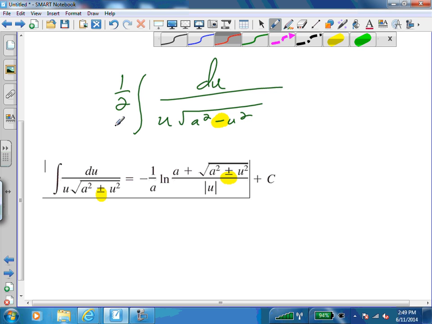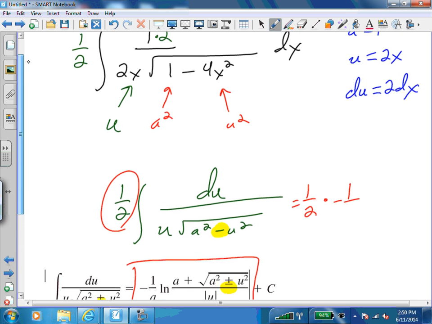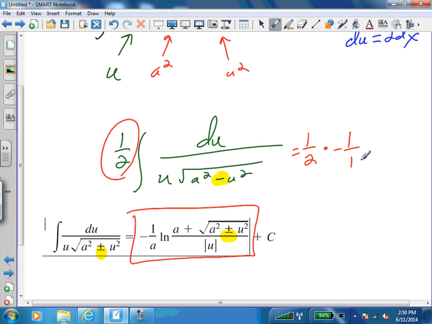So that gives us, we already have our 1/2 out front. From here, then this integrates into that, which is minus 1 over a. And what was our a? 1. Natural log of a plus the square root of a squared, 1, minus u squared, 4x squared, all over the absolute value of u, so the absolute value of 2x.